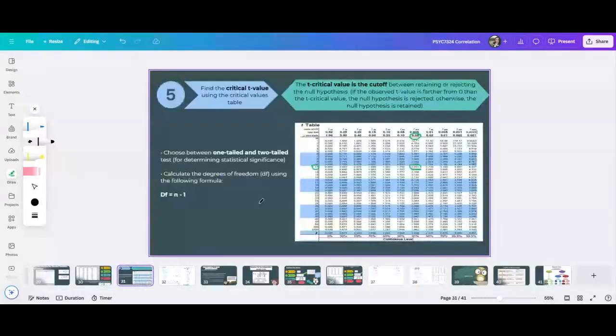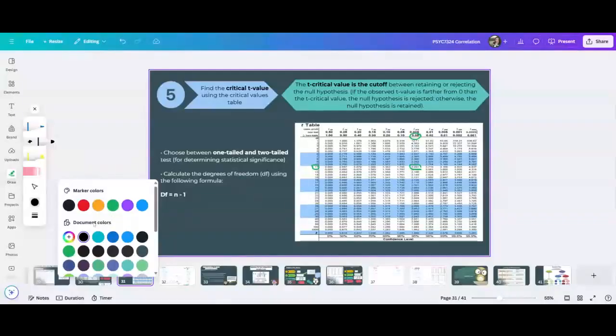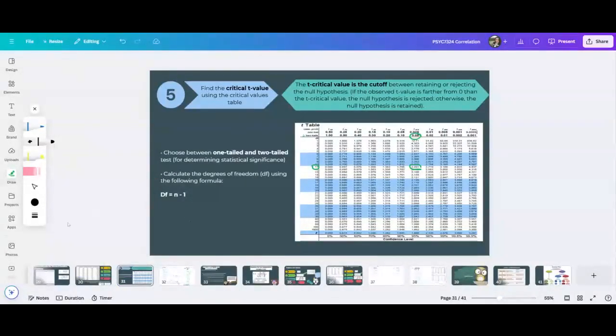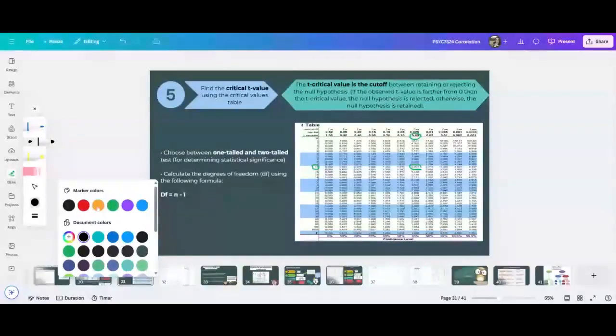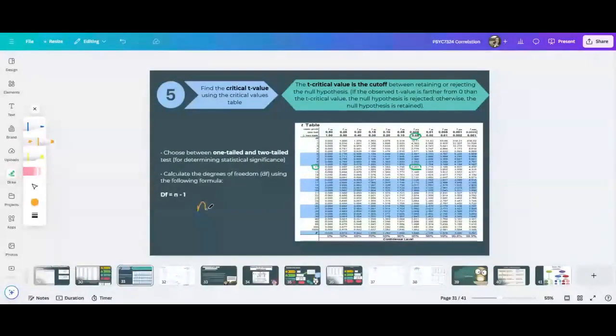Okay, let's finish off the process. What is the critical value for this scenario now? Okay, our degrees of freedom for the independent test is N1 plus N2 minus 2. So 12 plus 12 minus 2, 22, right?